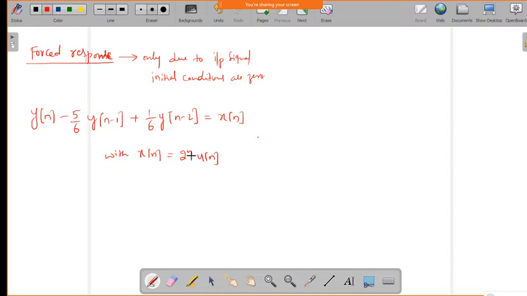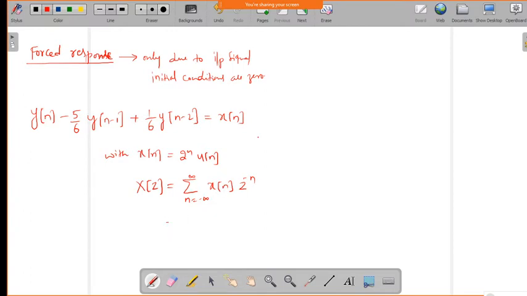First, we take the Z transform of this difference equation. You know x of z is the sum from n equal to minus infinity to plus infinity of x of n into z power minus n.